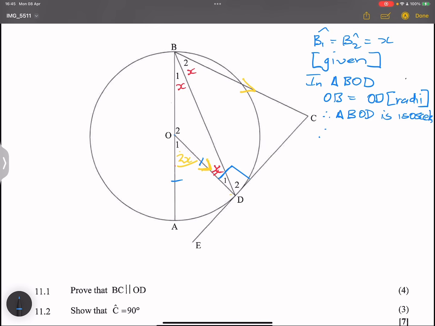So therefore we can say that angle B1 will be equal to D1. And why is that? These are base angles of an isosceles triangle.